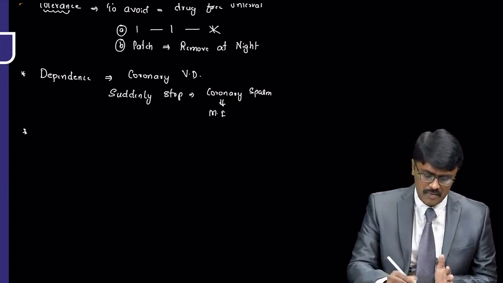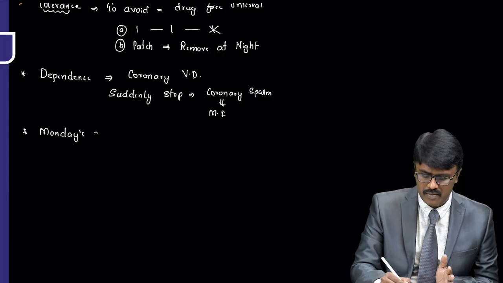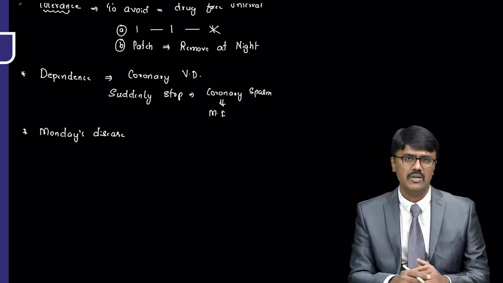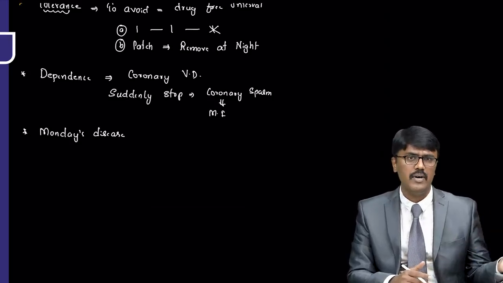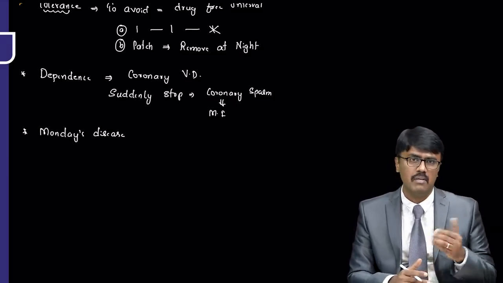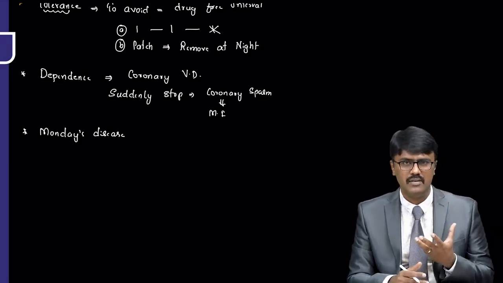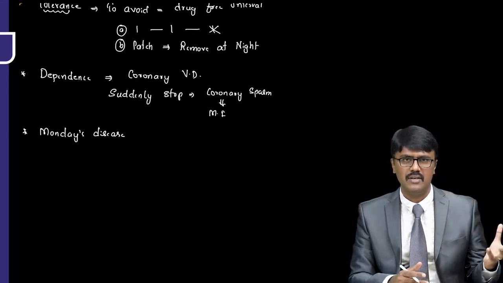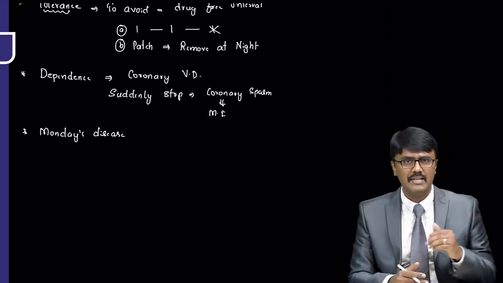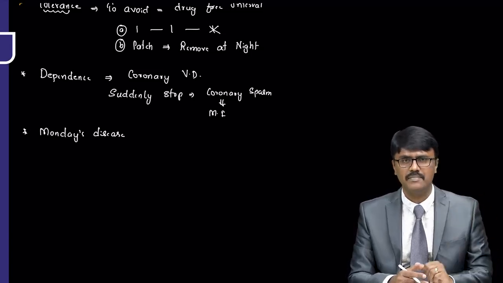Now, another disease we see with nitrate, particularly in people working in a nitrate factory. Nitrates are actually explosives and they are used in batteries or something like that. Those employees who work in these industries, when they go for work on Monday, get exposed to the nitrate. Nitrates are vasodilators and cause vasodilation, and they will have headache on Monday. But as the day goes on, they develop tolerance and the headache is gone.